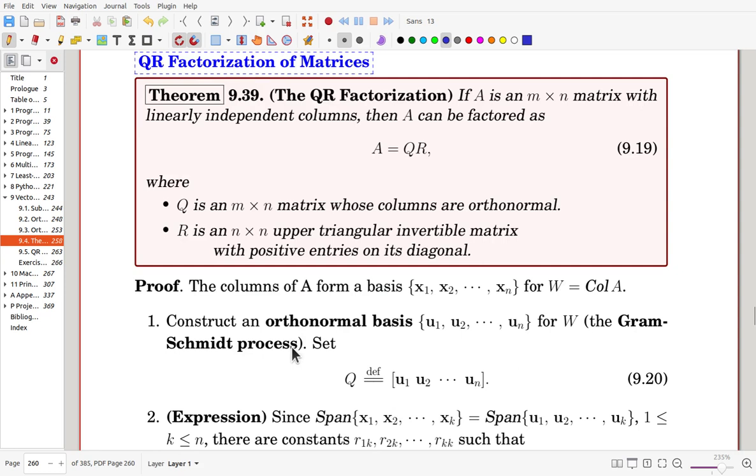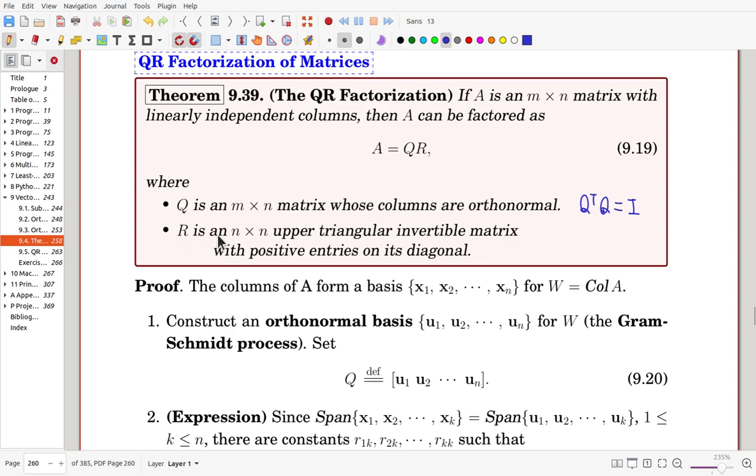Now we can use the technique for QR factorization. If A is an m by n matrix with linearly independent columns, then A can be factored as QR, where Q is an m by n matrix whose columns are orthonormal, which means that Q transpose Q is identity.